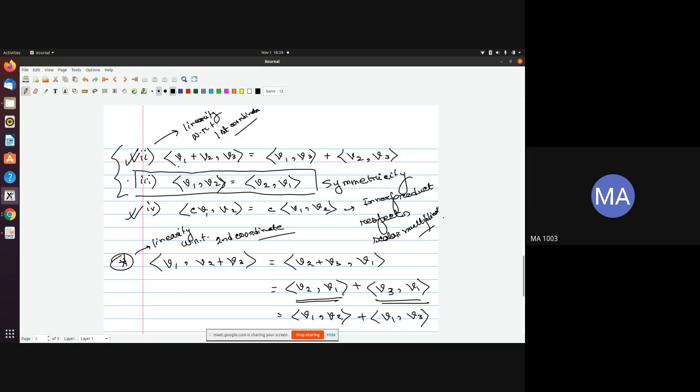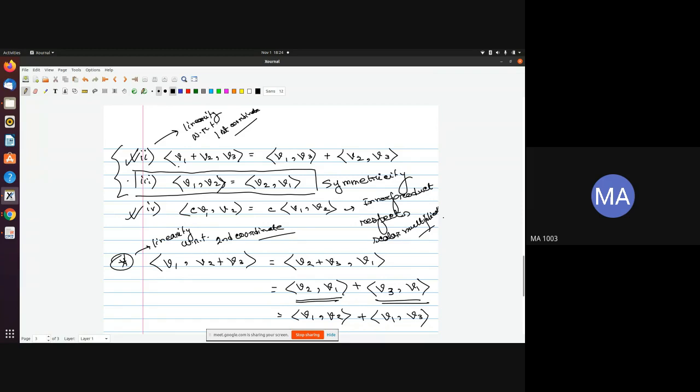Sir, in the question, if they ask us to prove the bilinearity, then we should prove the second and third property, sir. Is it enough? Second, third, and fourth also, because when we are talking inside a vector space, the respect of scalar multiplication is also included, no?